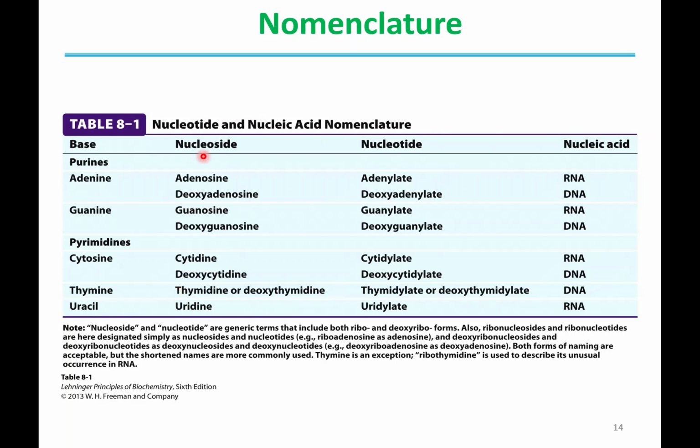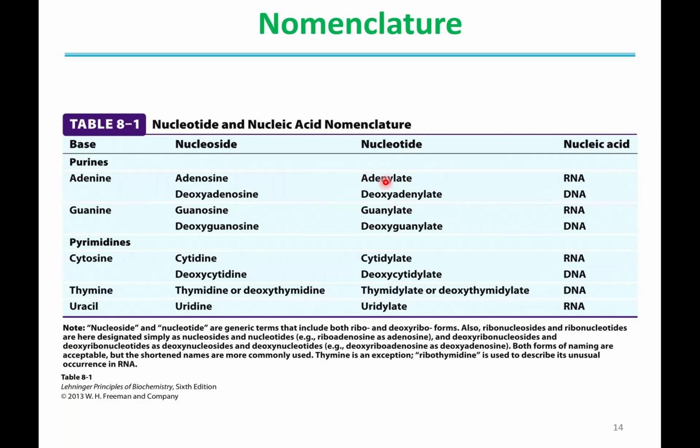Those are nucleosides. The nucleotide takes a slightly different form. It goes from something like adenosine in the nucleoside to adenylate. The -ylate part of that is telling you that there's a phosphate or phosphate groups attached.